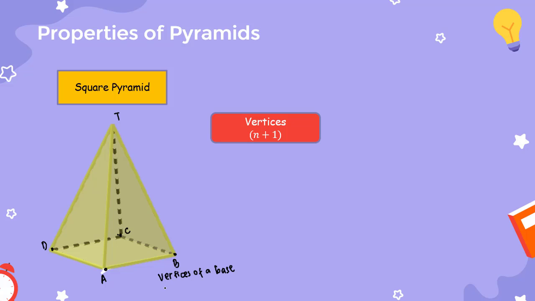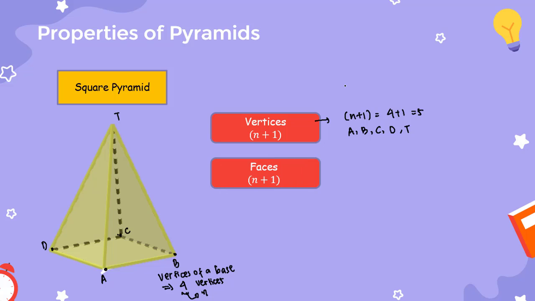It has 4 vertices because it has a square shape, so we use 4 as the value of n, and then substitute into the formula. N plus 1 is equal to 4 plus 1, which is equal to 5. Let's mention all the vertices to prove it. There are A, B, C, D, and also T, so there are 5 vertices.